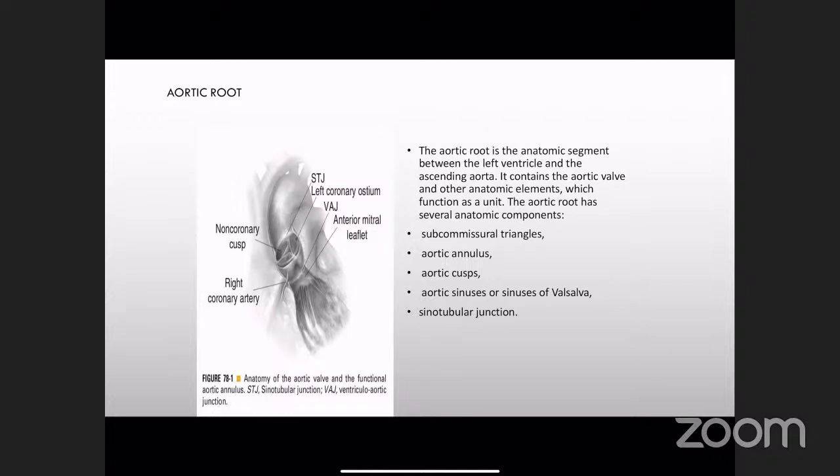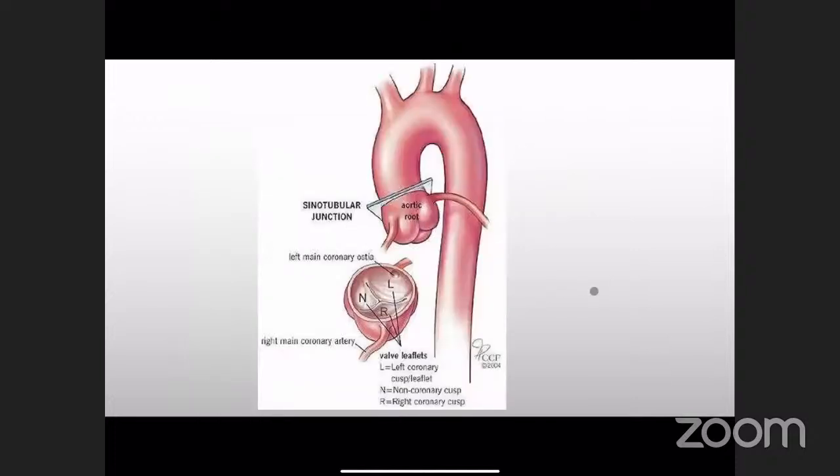The aortic root has several anatomical components. These components are the subcommissural triangles, aortic annulus, aortic cusps, aortic sinuses or sinuses of Valsalva, and the sinotubular junction. As we see here, there's a cut at the sinotubular junction, showing us the aortic valve from above.